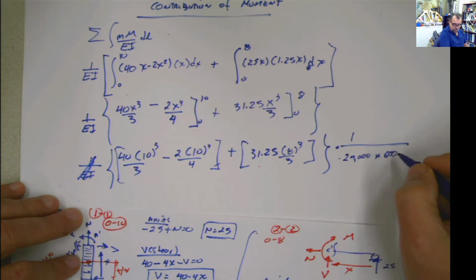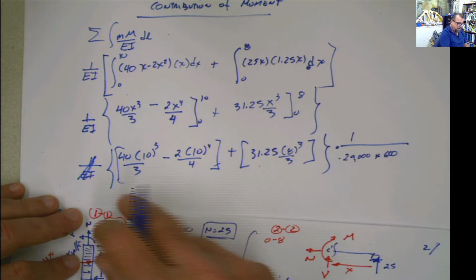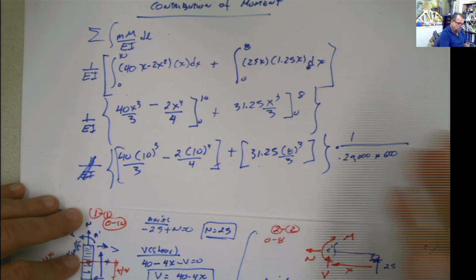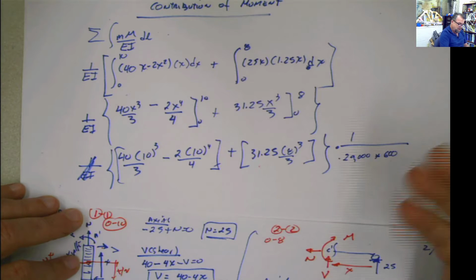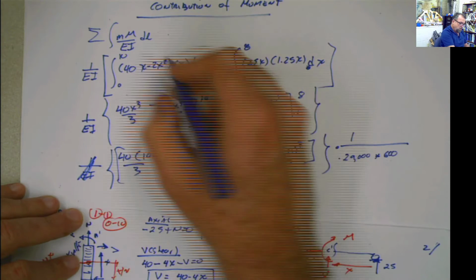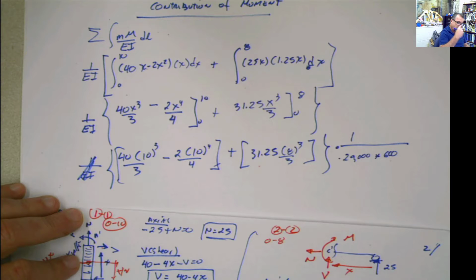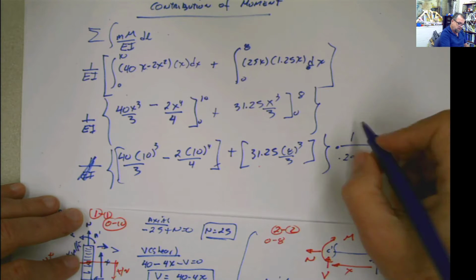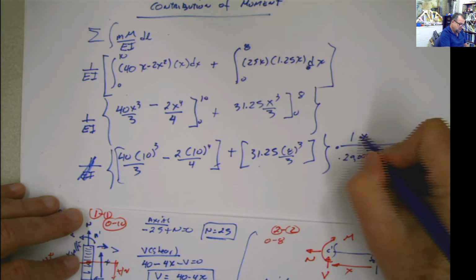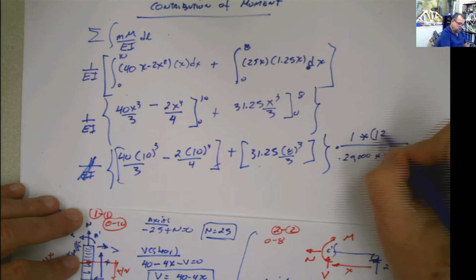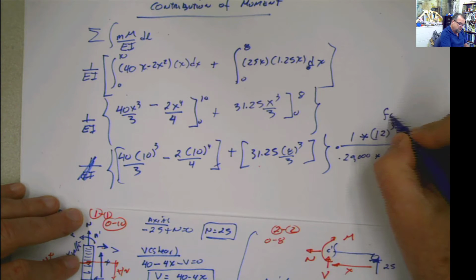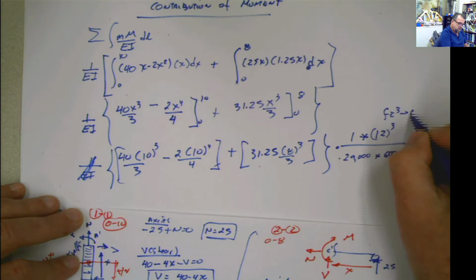Remember, I showed you in the previous video that to keep the units coherent, because we're working with inches and we're working with feet, and we're working with the moment, if you put all the units together, at the end we have to convert cubic feet into cubic inches. So that means that this has to be multiplied by 12 to the third, just for accounting for that. Cubic feet to cubic inches.